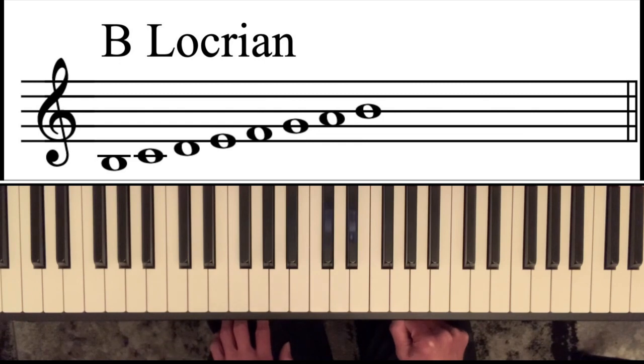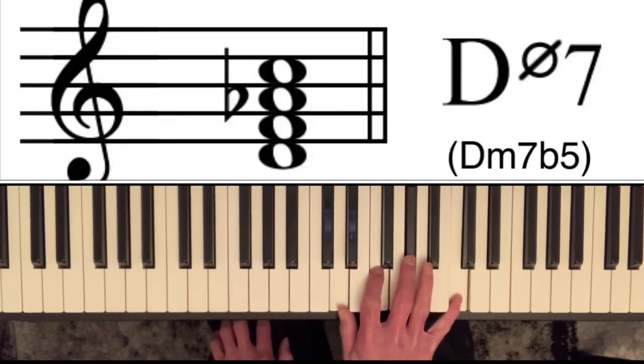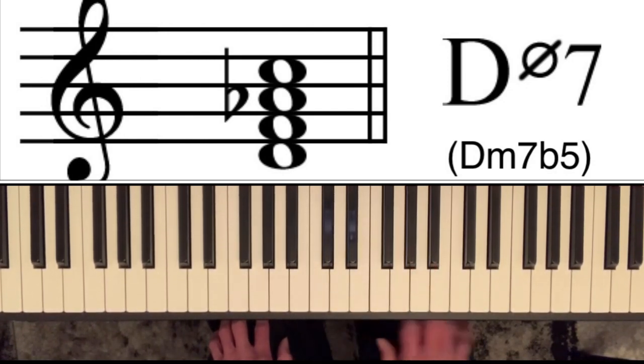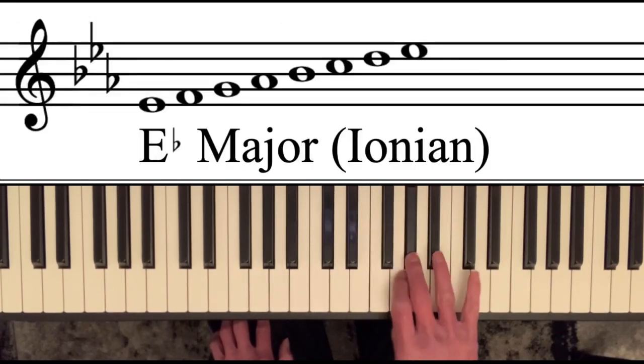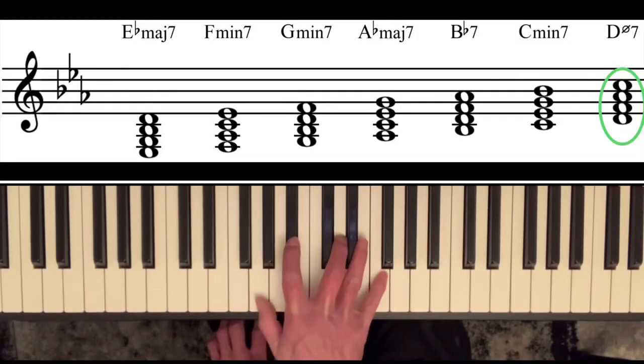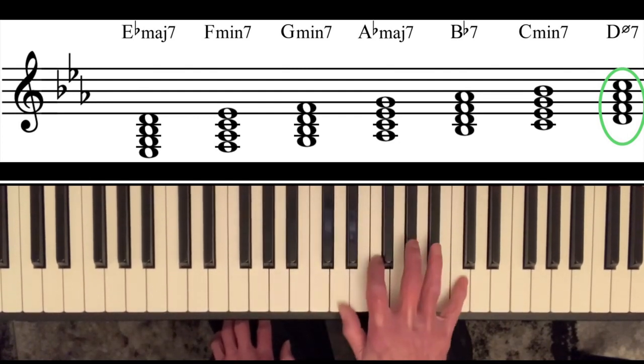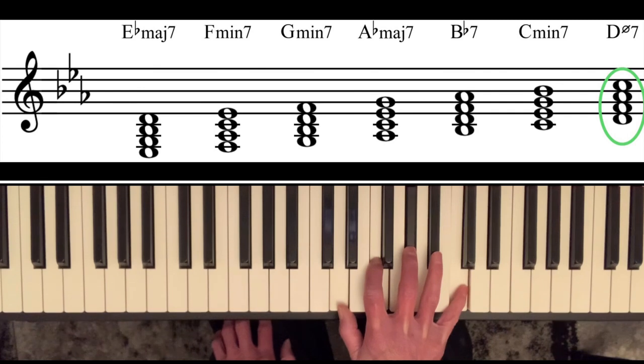Now, chord 2 in the key of C minor, as I said, is D minor 7 with a flat 5. It is also chord 7 in the key of E flat major. If you construct a series of diatonic seventh chords on an E flat major scale, I'll start down here. You get these diatonic seventh chords, and the seventh one is D minor 7 with a flat 5.